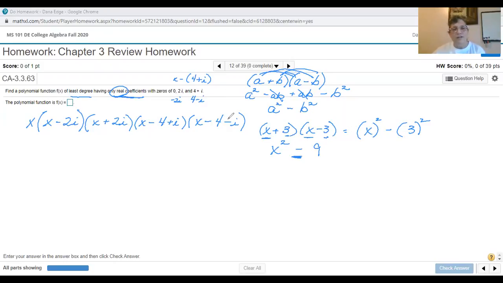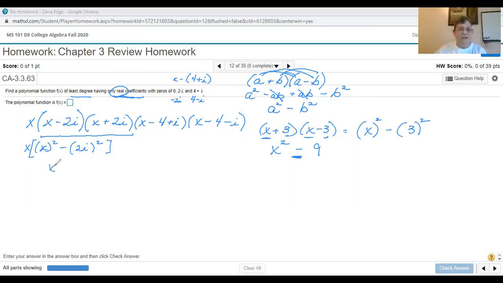Now when you multiply these two out, because these are conjugates just like these were conjugates, we're going to end up with the first one squared. So we get x squared minus the 2i squared.